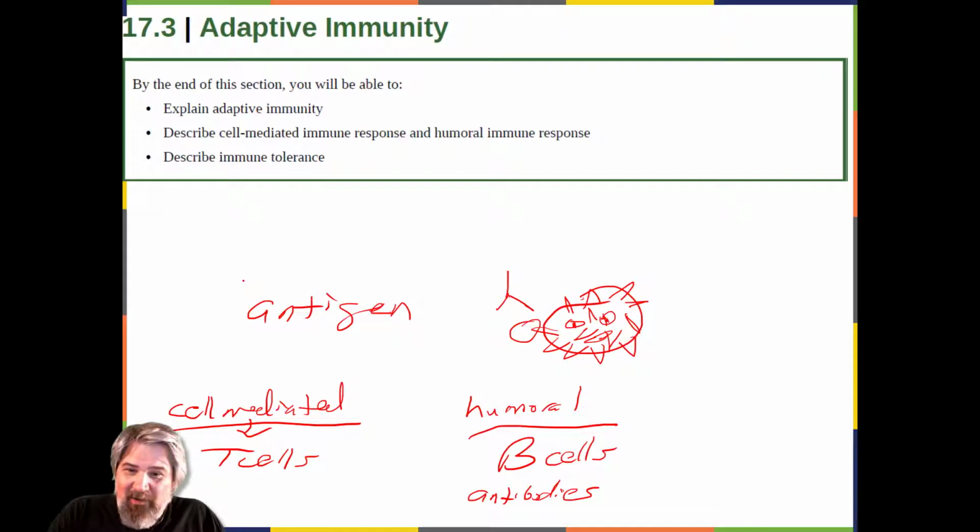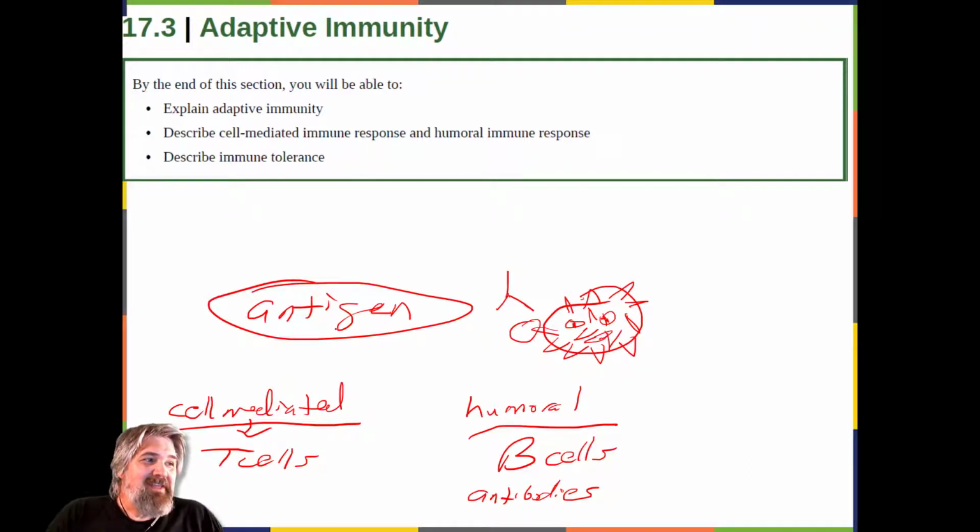Antigen. So the antigen is like if we draw the virus as a sphere and it's got spikes all over it, these spikes tend to be the thing that it uses to adhere to its target cell, but it's also what the body can use with these antibodies.